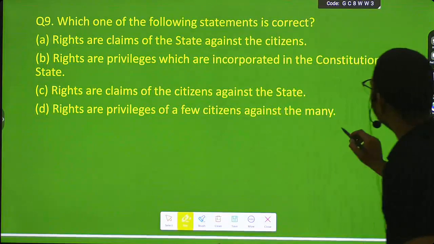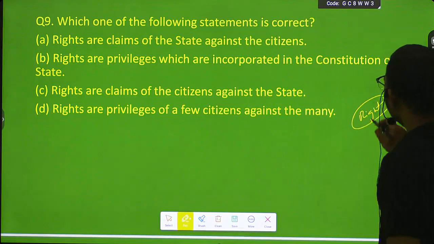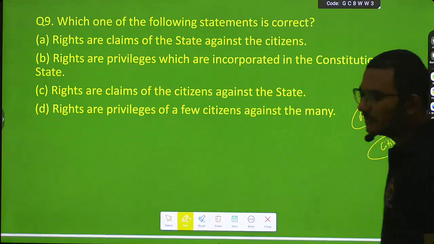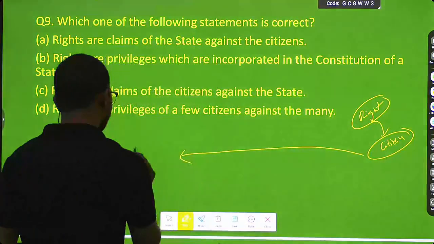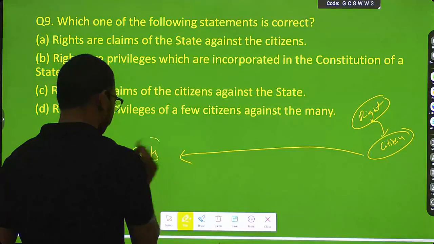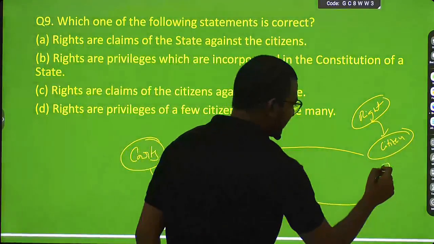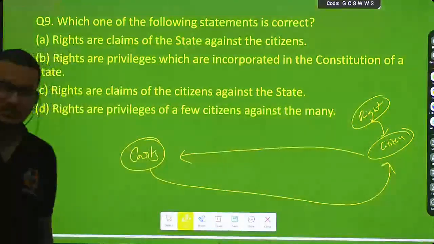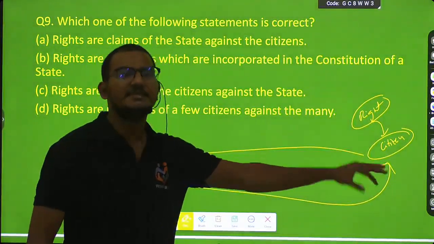No, actually, rights means simply, when I say you have a right, this right will be given to citizens only. When this right is violated, the citizen will go to courts and courts will make sure that the right is reinstated, which means these rights are given to citizens against the government.